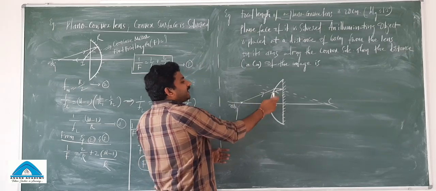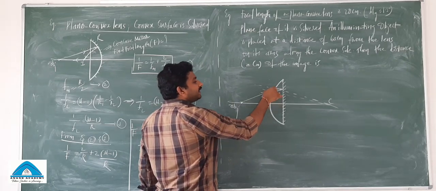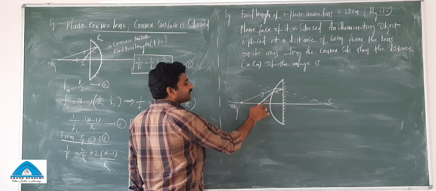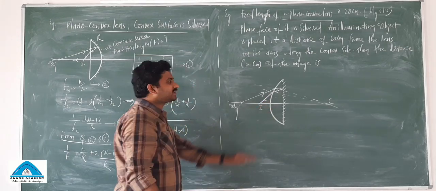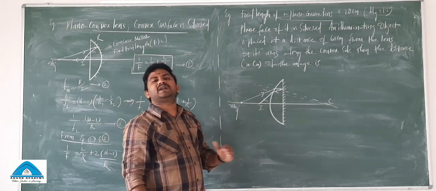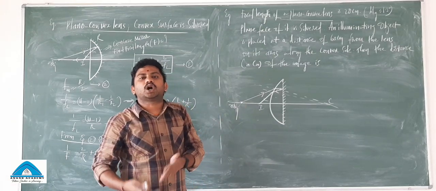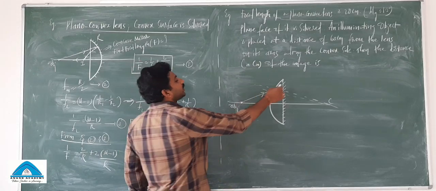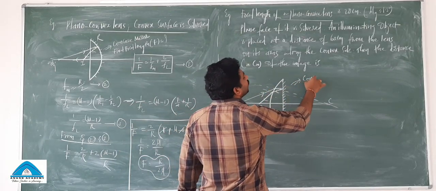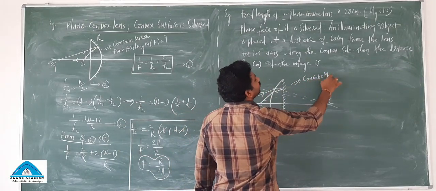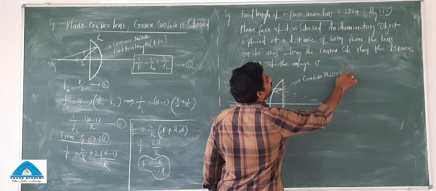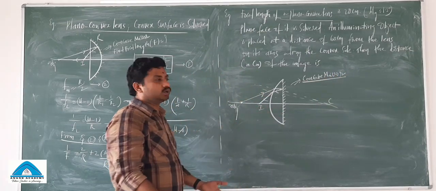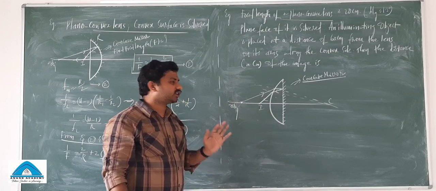When light is moving from denser medium to rarer medium, it will bend away from the normal. See here, the image is formed here. So this is the setup. Is the complete system behaving as a concave mirror or convex mirror? This is behaving as a concave mirror. They are not asking about this, but for your better understanding and for future purposes, I am just telling you that this system behaves as a concave mirror.